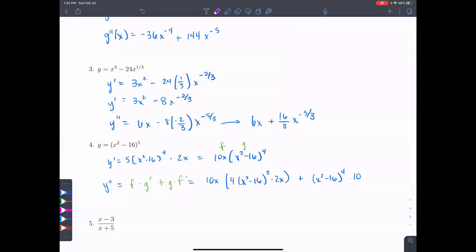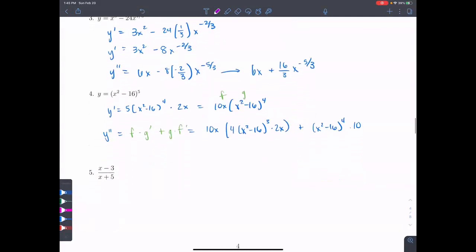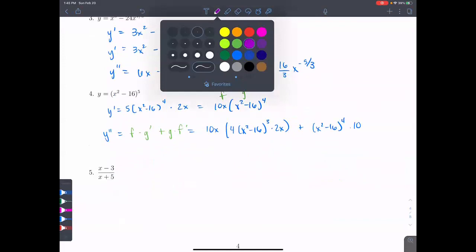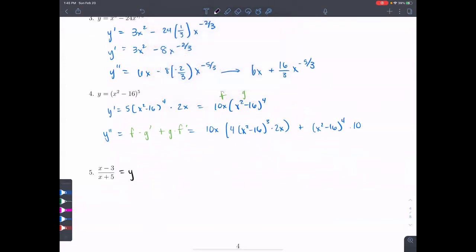Okay. And now for one that would use the quotient rule, let's call this one y. So y prime would be ho d high minus high d ho all over ho ho.